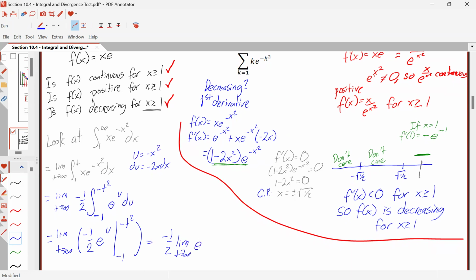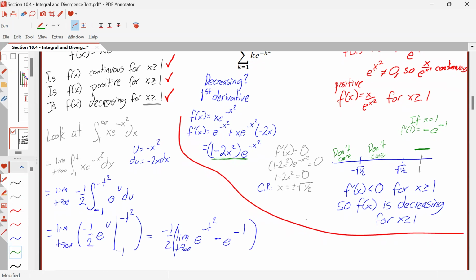Plugging in that upper and lower bound, we have e to the negative t squared minus e to the negative 1. And the limit as t goes to infinity of e to the negative t squared is 0, because that would be the limit as t goes to infinity of 1 over e to the t squared.